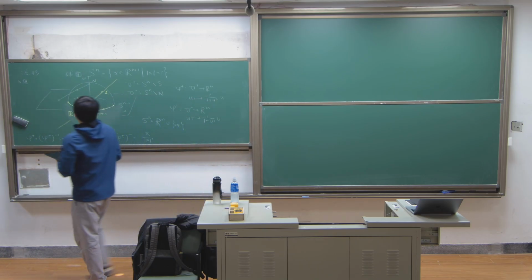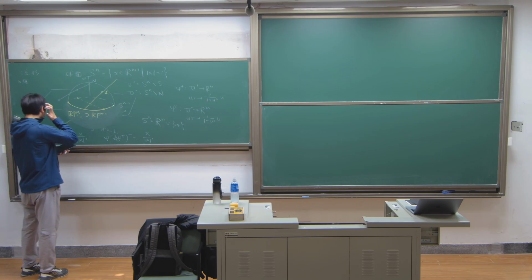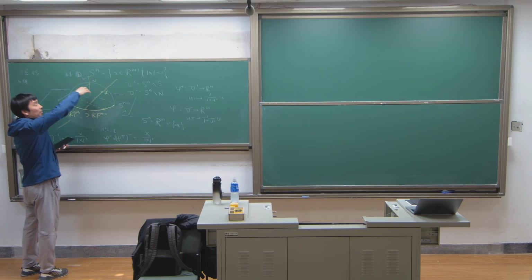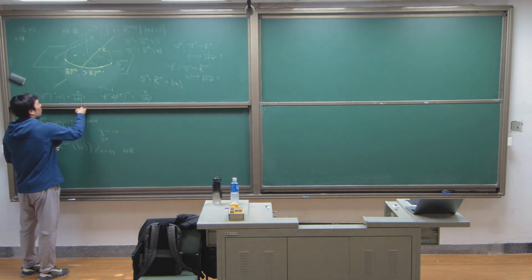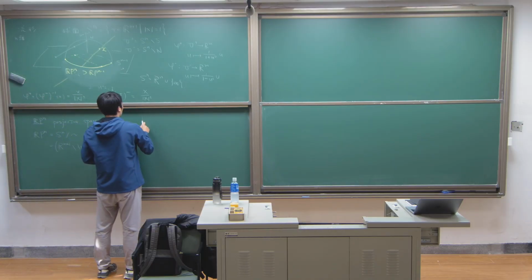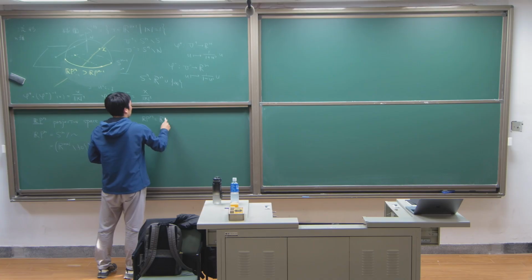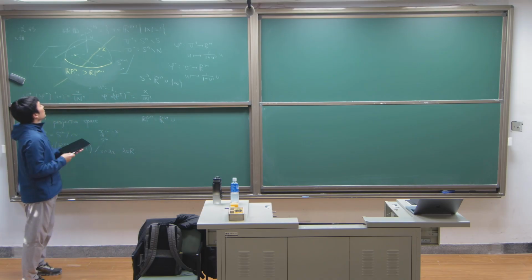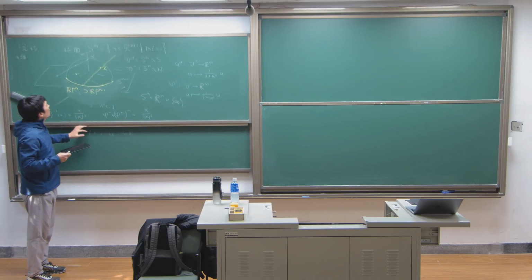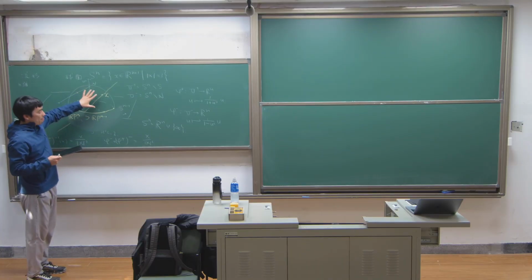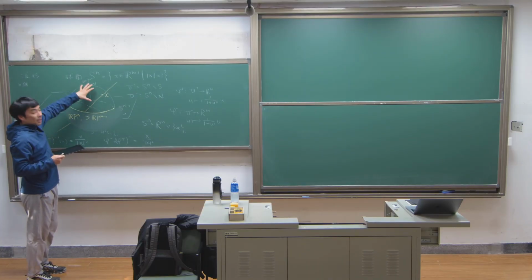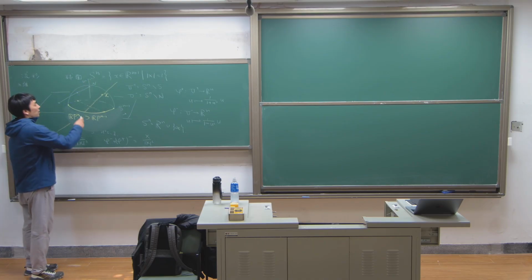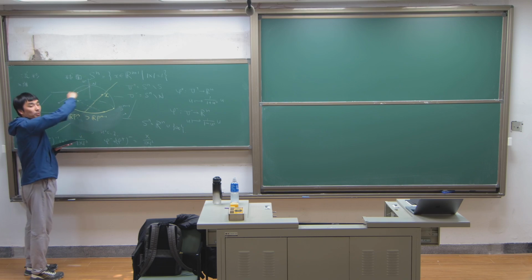So as you can easily see, if you look at all of the northern hemisphere except this equator, this can in fact be identified with Rn. The upper hemisphere, the northern hemisphere, can be identified with an open disk, right?